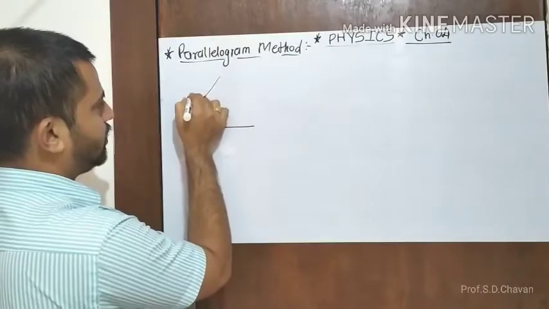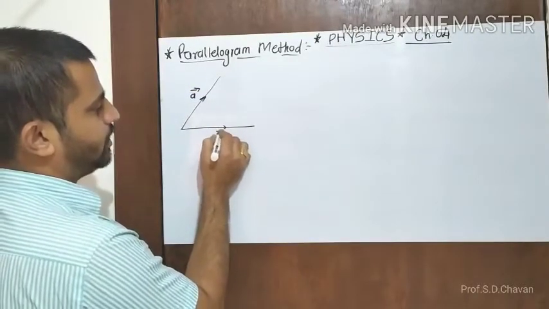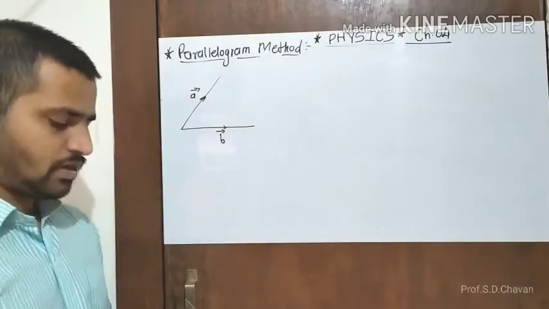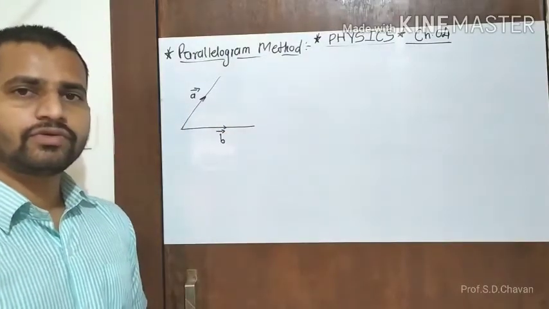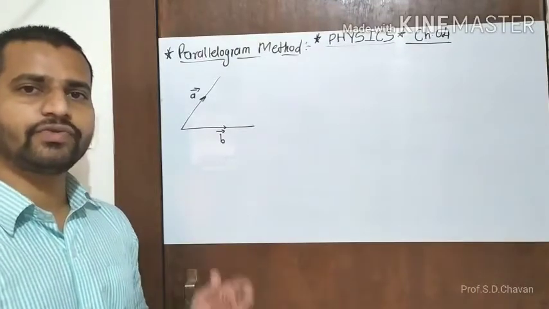Suppose this is vector A and this is vector B. Then we have to find out the resultant of these two vectors.